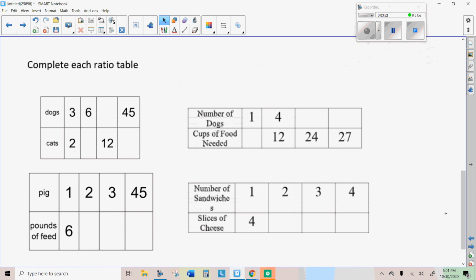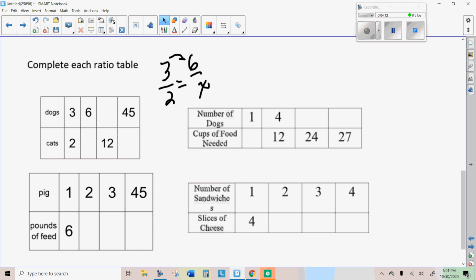Down here we have ratio tables. Now ratio tables mean that every ratio in the table is the same. So what you have to do is multiply the numbers by the same thing, or set up a proportion. So 3 dogs over 2 cats should equal 6 dogs over this many cats.